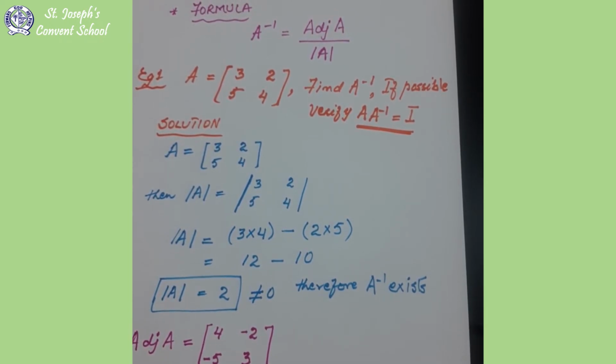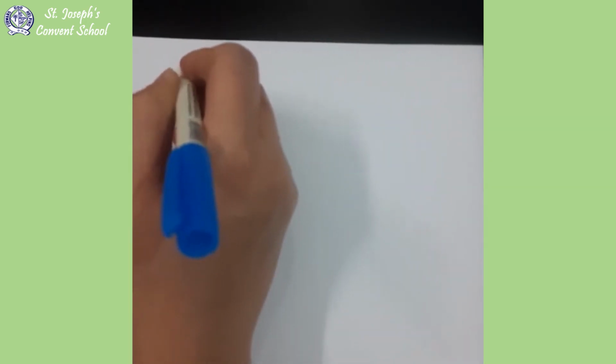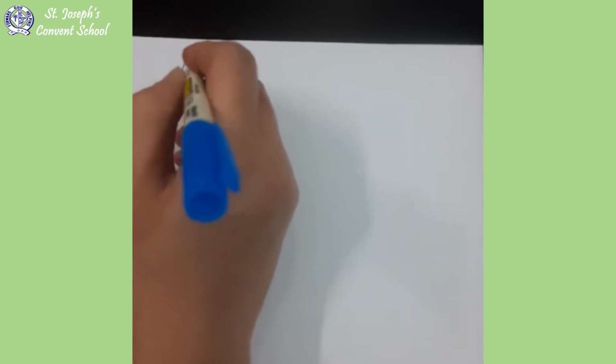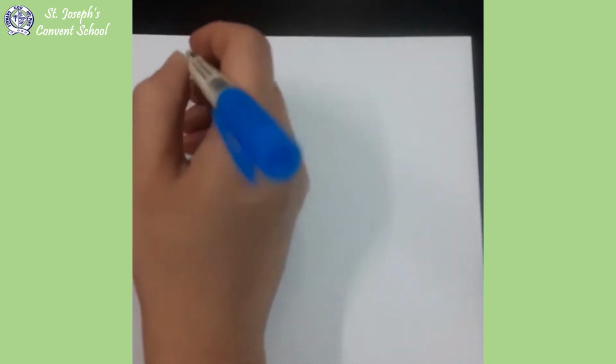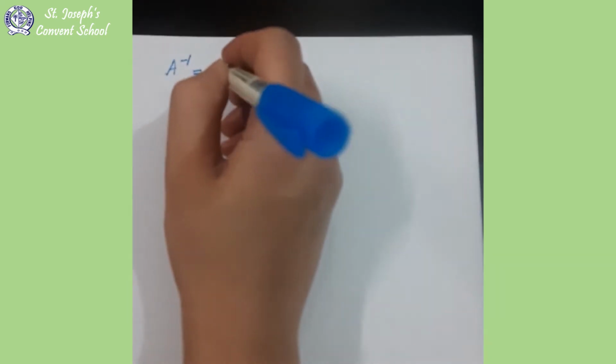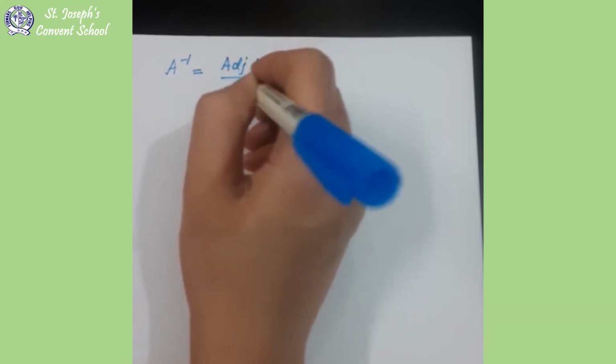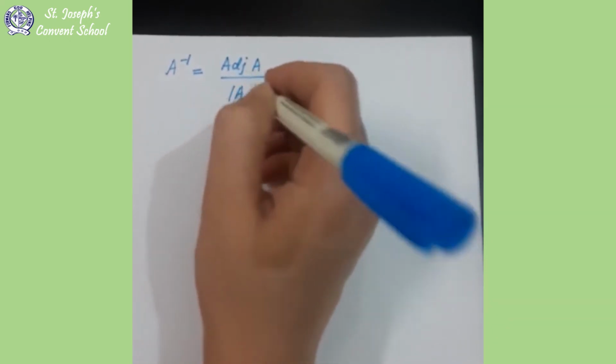Let me put the values. So A inverse is equal to adjoint A divided by determinant of A. So put the value.